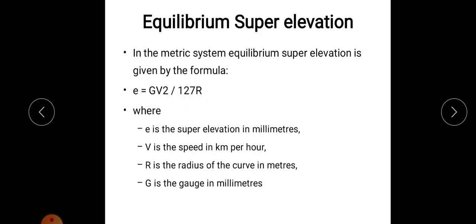Here E is the super elevation in millimeters, V is the speed in kilometers per hour, R is the radius of curve in meters, and G is the gauge length in millimeters. If the value of G, the gauge, is given in meters, the value of E, the super elevation, will also be in meters. Here both are in millimeters.